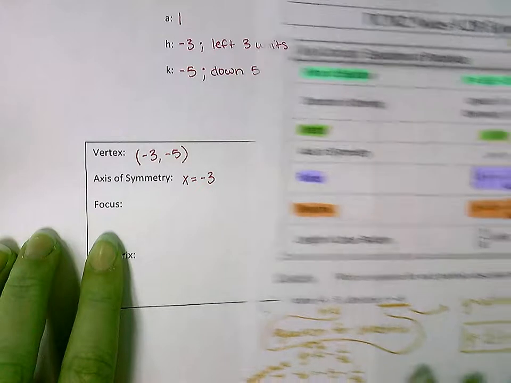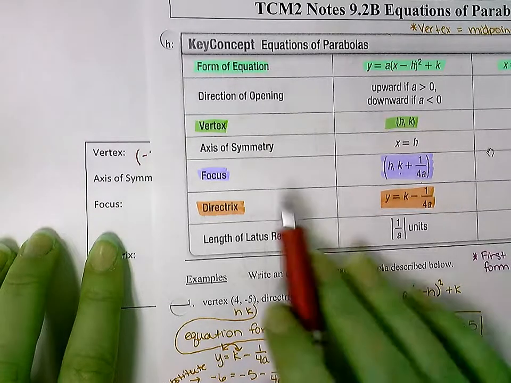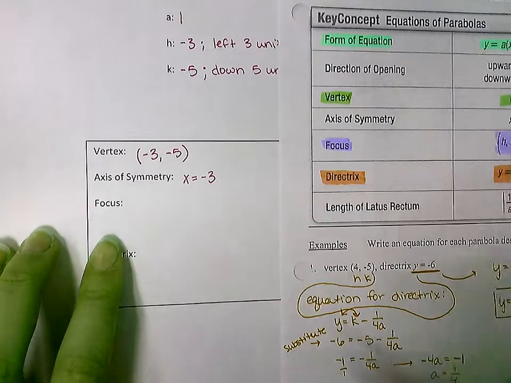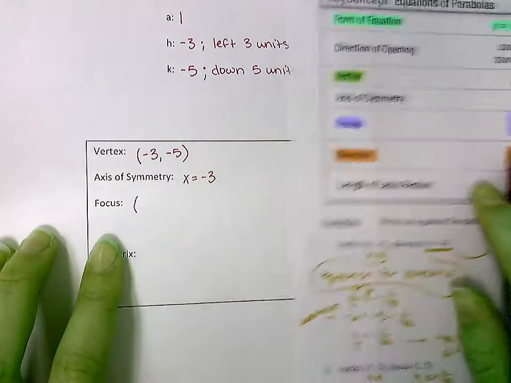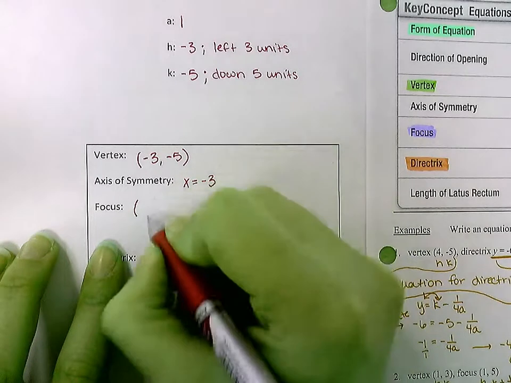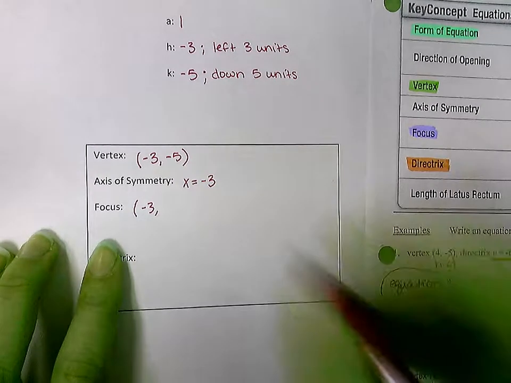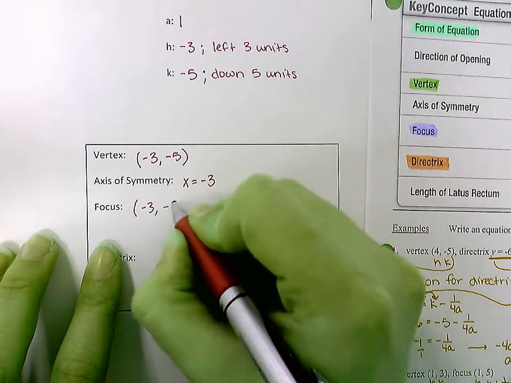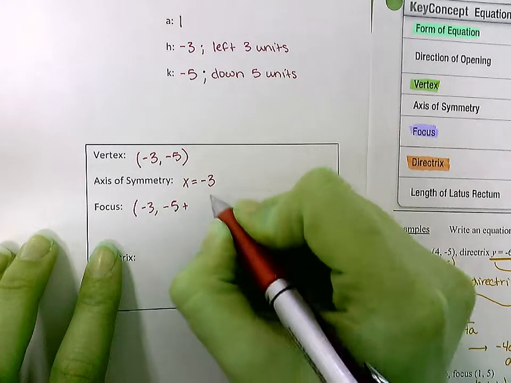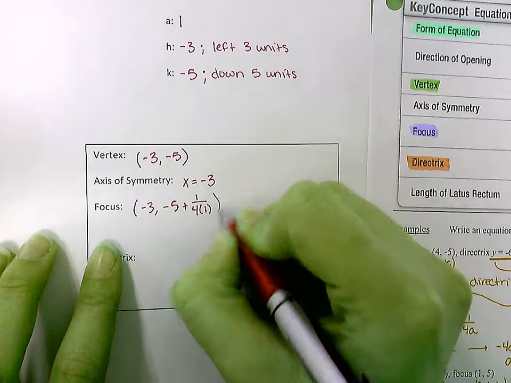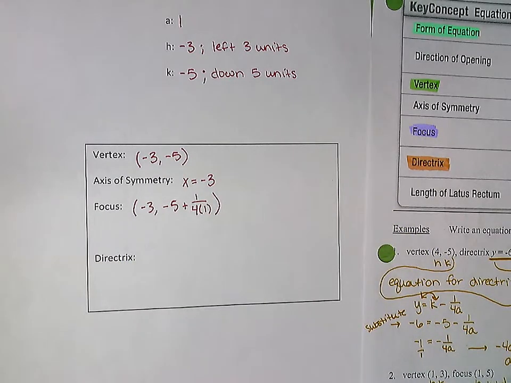Now my focus, again I'm going to look here. For the focus, I'm going to use this. We have our h value, -3. Our k value is -5. And we're going to add on 1 over 4 times a. And again, a was 1.